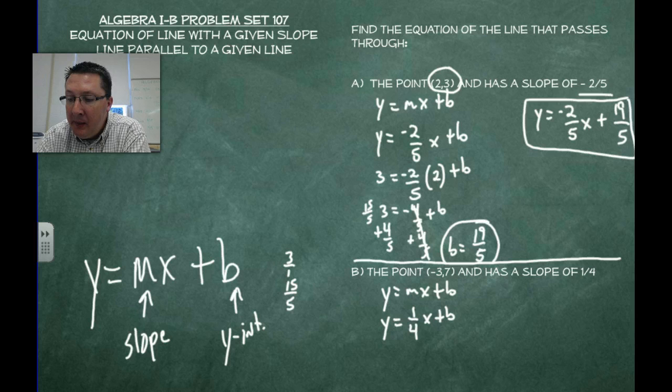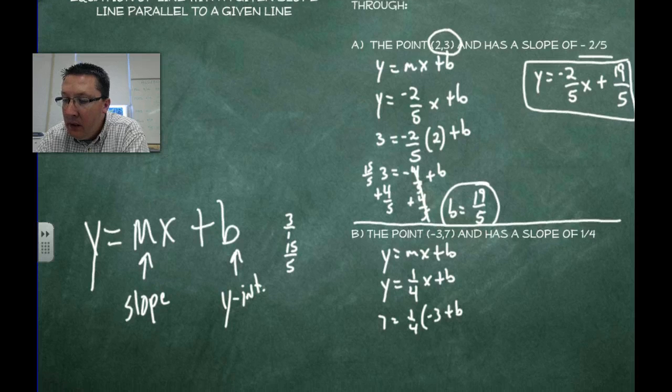In my ordered pair, the y value is 7, x value is -3, plus b. So -3 times 1/4 gives me -3/4 plus b.